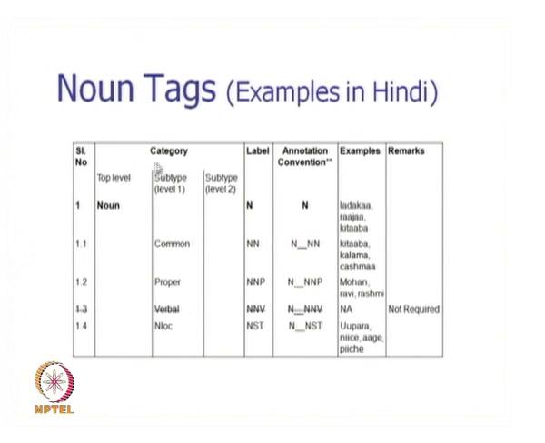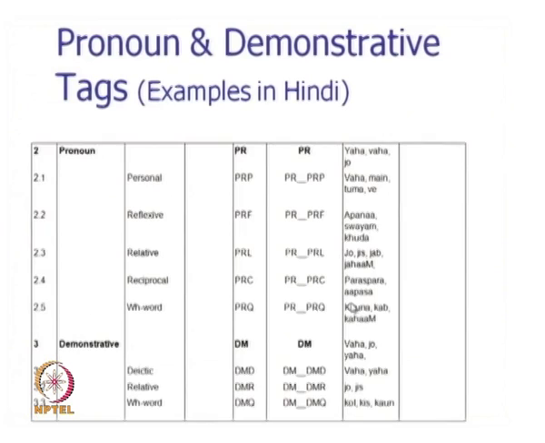So, this leads us to a hierarchical categorization of tags. We discussed yesterday that there is this general category of noun, and under that we have common noun, proper noun and locative nouns, and this was discussed carefully with emphasis on the last category, which is the interesting case of words like upar, niche, aage, piche, bahar, etc., which can function both as noun and also as postpositions. In case of pronouns and demonstratives, we again saw different categories like personal, reflexive, relative, reciprocal, WH word for pronoun, for demonstrative, deictic, relative and WH word.